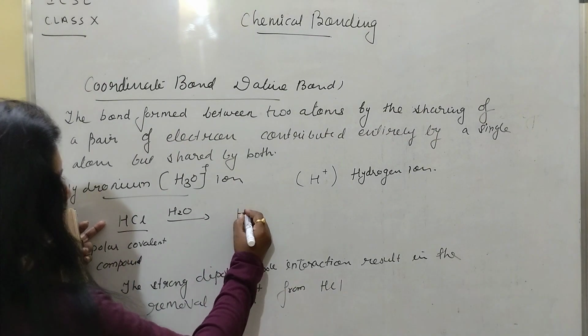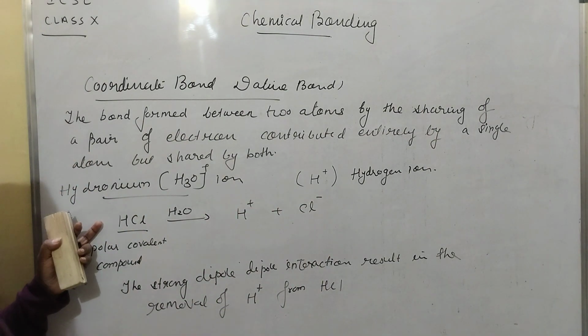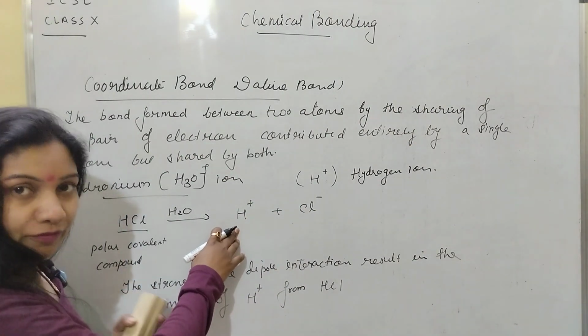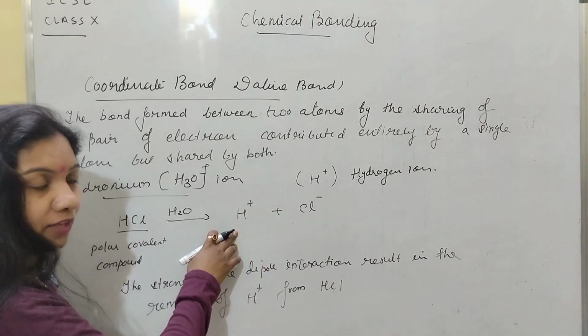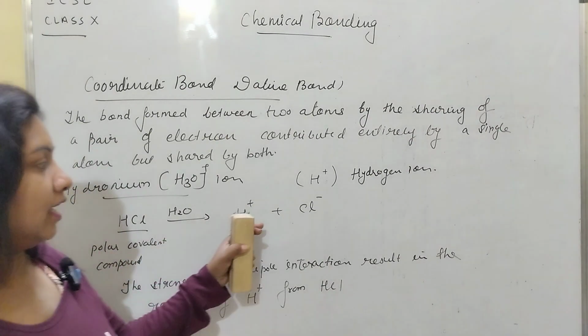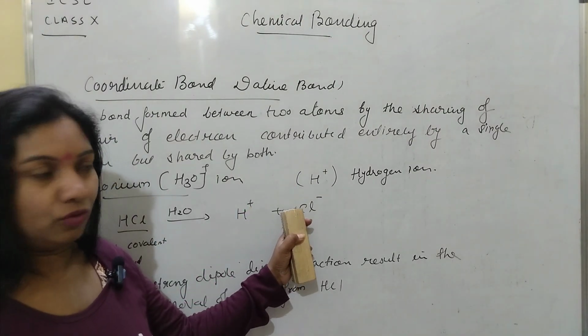What will happen? This H plus is removed from Cl. Chlorine is more electronegative than hydrogen, that we know. So it will pull the shared pair of electrons. As a result, the electron of hydrogen also goes along with chlorine.